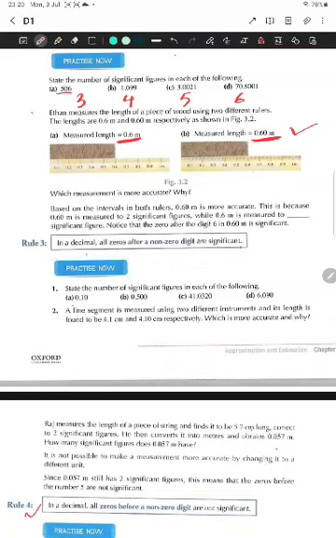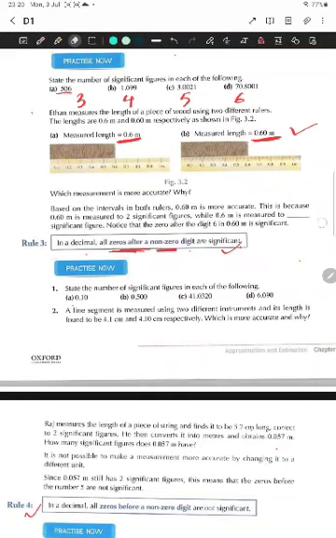In a decimal, all zeros after a non-zero digit are significant. All zeros after a non-zero digit will be significant. For example, 0.60. The number of significant figures will be 2.